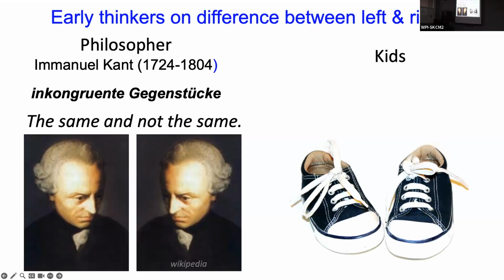Ask a kid to tie their right shoe, and they will get it right about half the time. Why? Well, left and right is just a convention. It's a convention that's assigned to a real difference, but it's just a convention, and it has to be learned. Kids don't know anything about the non-conservation of parity, and that's why it takes them so long to learn which shoe to tie when asked.